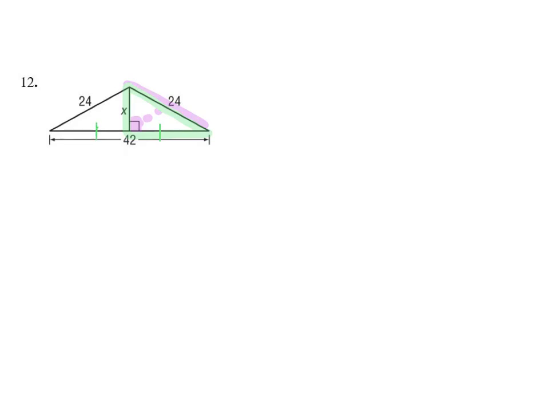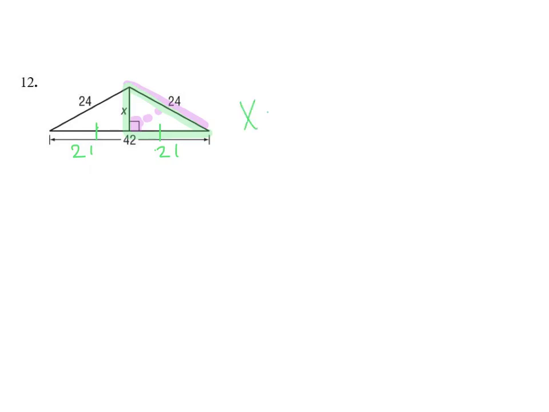So the whole thing's 42. That means each side has a value of 21. So we have 2 of the 3 sides needed. We can go ahead and use our Pythagorean theorem.